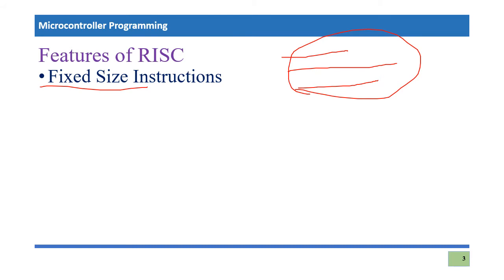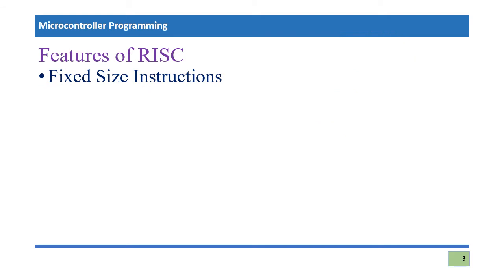While if your program is written in fixed size instructions, then the machine cycle or instruction execution time is very constant. So it makes the pipelining procedure easier. For those who do not understand the pipelining procedure, there is a separate tutorial on my channel where you can see what a pipeline mechanism is.